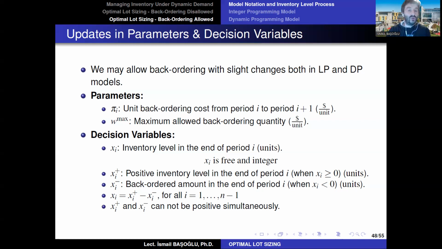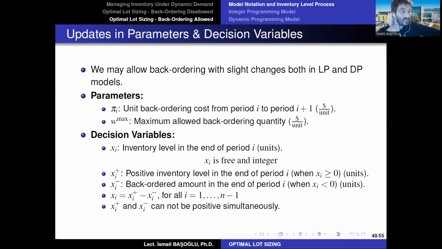Now, we have said that if you end up with a positive inventory at the end of a period, that inventory must be carried to the next period, and you need to pay an inventory carrying cost for each unit, which is denoted by HI, if you remember. Here we are introducing the symbol PI, the unit backordering cost from period I to period I plus 1. If you end up with a negative inventory at the end of the ith period, for each negative unit you need to pay a unit backordering cost PI to carry this negative inventory to the next period.